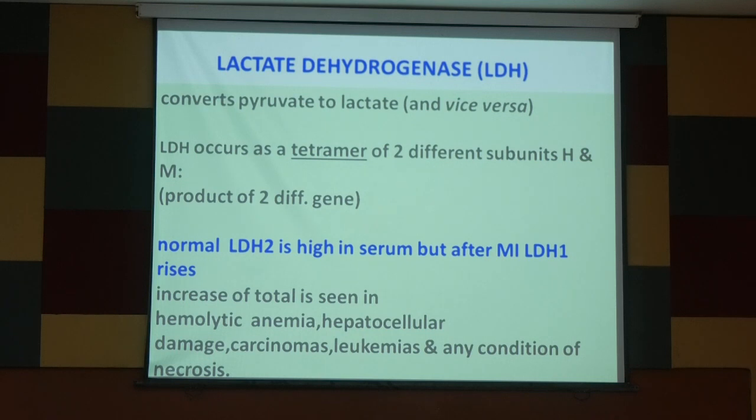So this is LDH. It has two different subunits, H and M type, produced by two different genes. Normal LDH 2 is high in serum, but after a heart attack, LDH 1 rises.